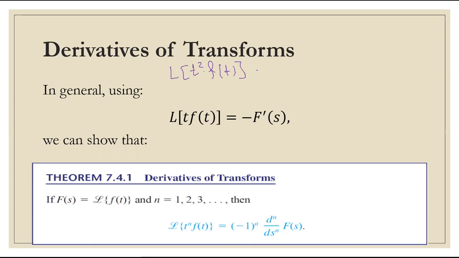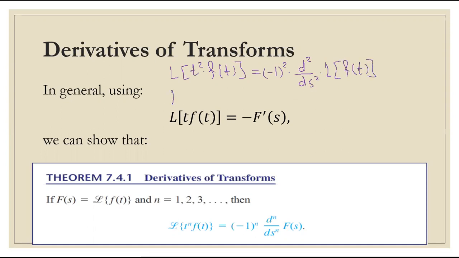Apply the rule, please. Your n is 2 now. So what should I write? Negative 1 squared, times the second derivative of capital F of s. You are right, because capital F of s is the Laplace of f of t.